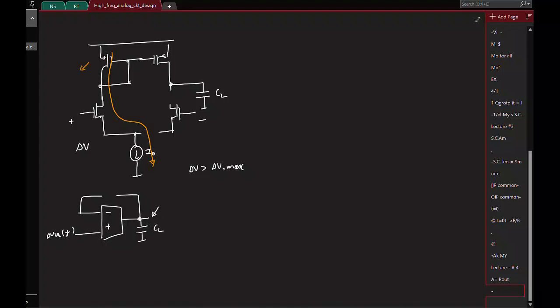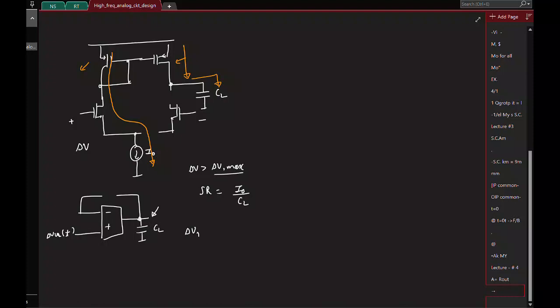Here these two guys are current mirrors, so the same current will be mirrored in this branch and flow through the capacitor. So what was the slew rate? It was I naught by CL. A constant current I naught charging a capacitor, so the slope is I naught by CL.